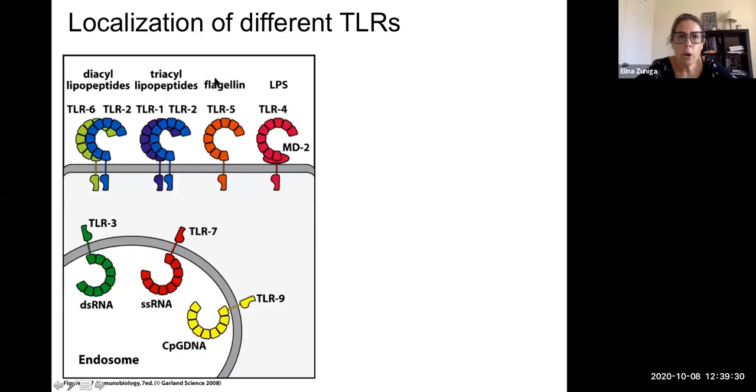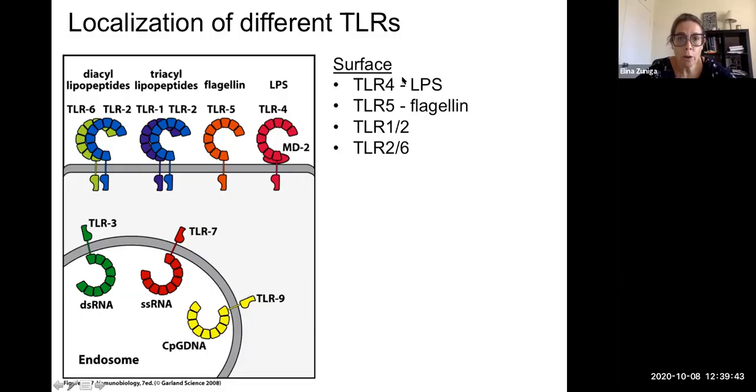So where do these toll-like receptors localize? Some localize associated with the plasma membrane, and that includes toll-like receptor 4, whose ligand in the pathogen is lipopolysaccharide, or LPS.